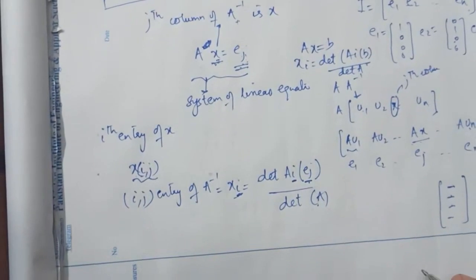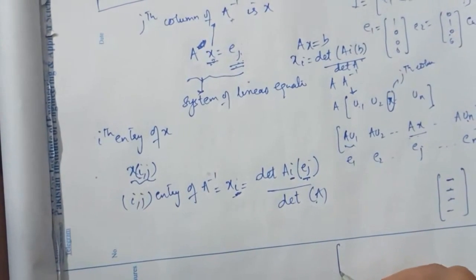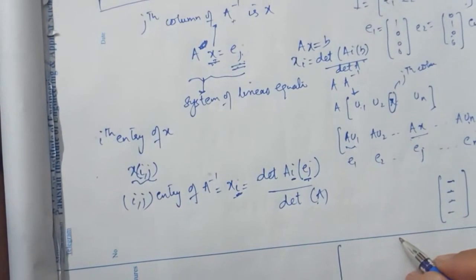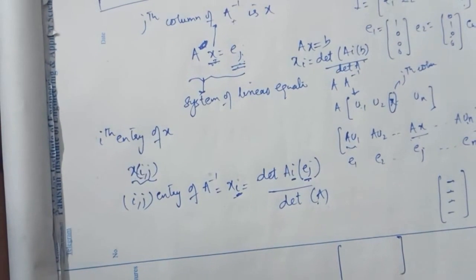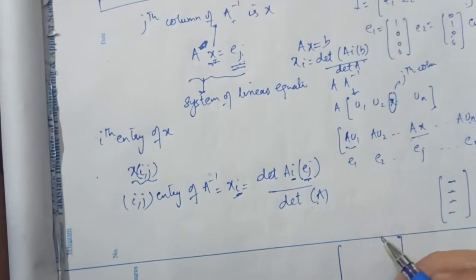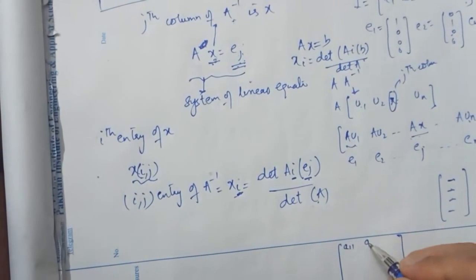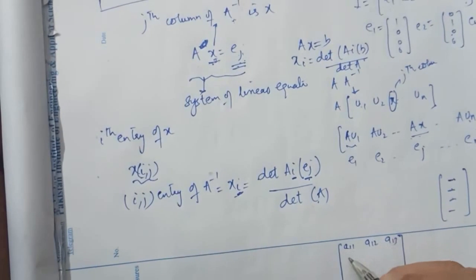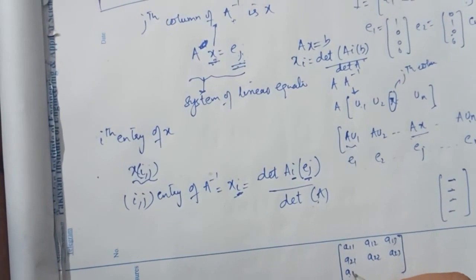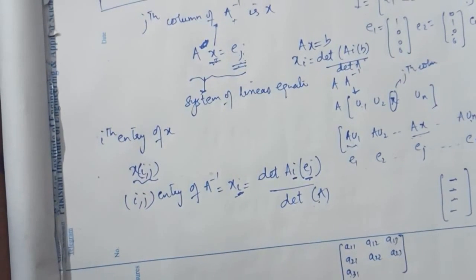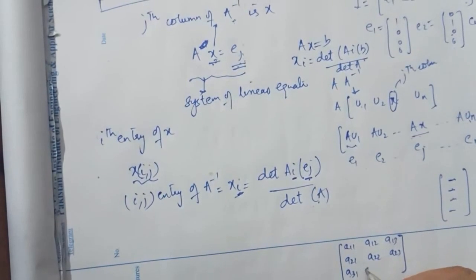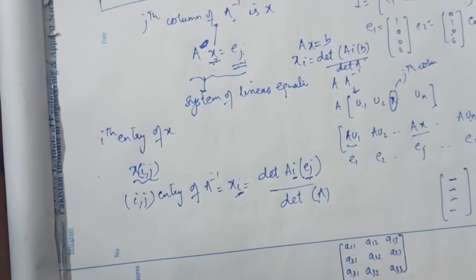To give you an example, let's say this is A, which is a 3 by 3 matrix: A11 A12 A13, A21 A22 A23, A31 A32 and A33, right?